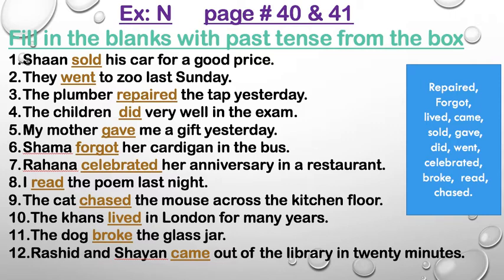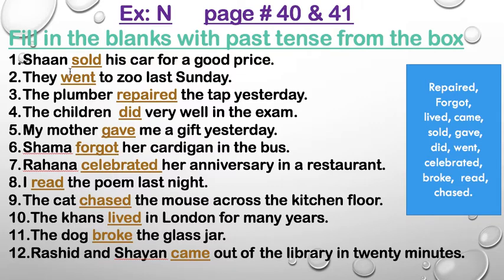So here, let us see the first sentence. Shan sold his car for a good price. Sold is in the past tense, isn't it? So what is the present tense of sold? Sell. So we are changing sell to sold in order to make it a past tense.